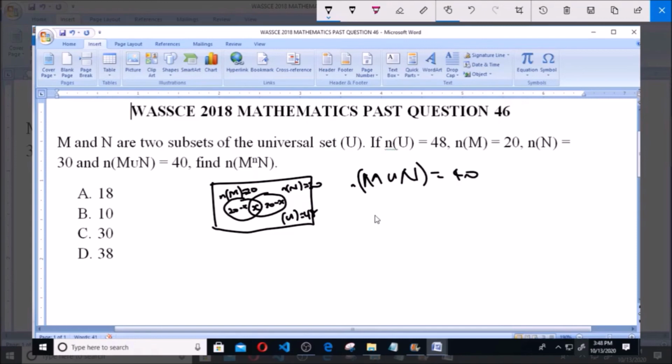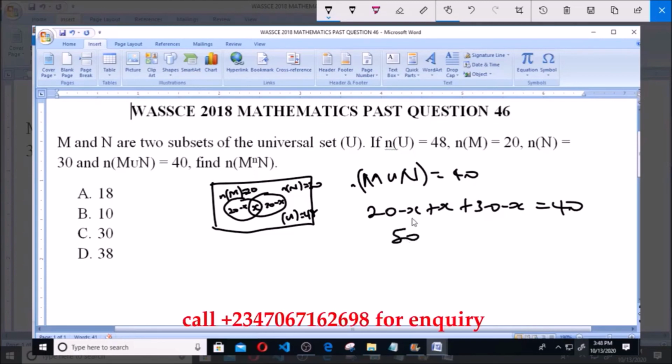So we can say that 20 minus x plus x, that's this intersection, plus 30 minus x is equal to 40. From here, 20 plus 30 will give us 50, minus x plus x will give us 0, then 50 minus x is equal to 40.